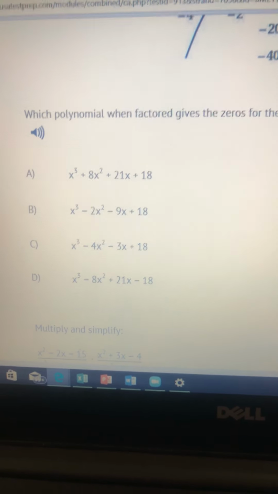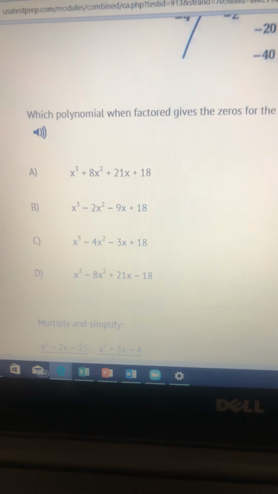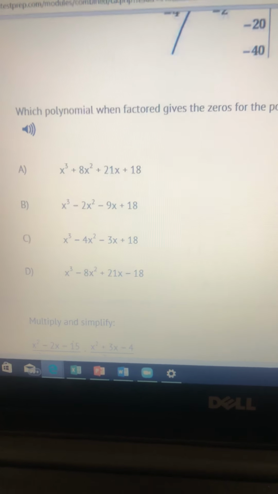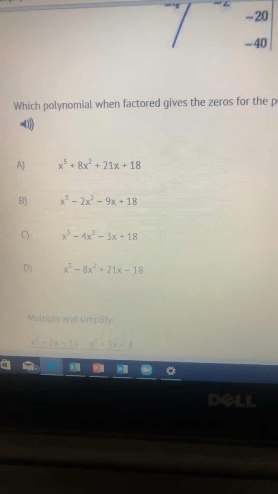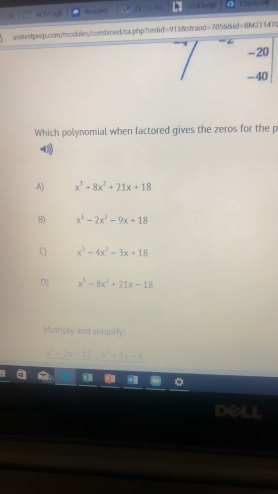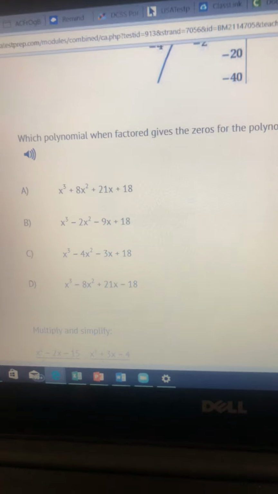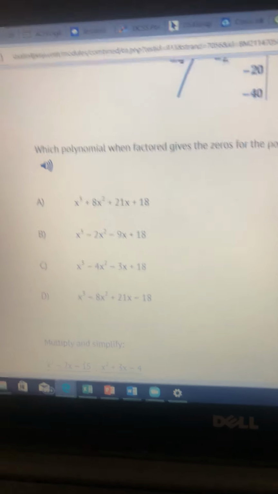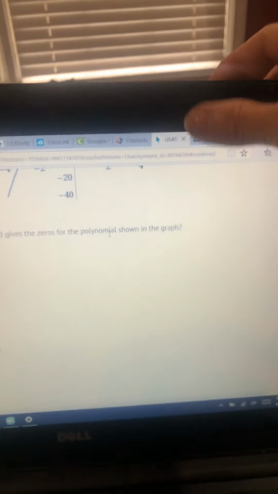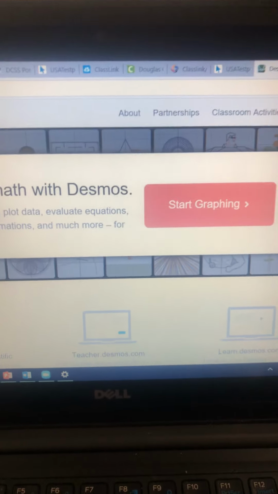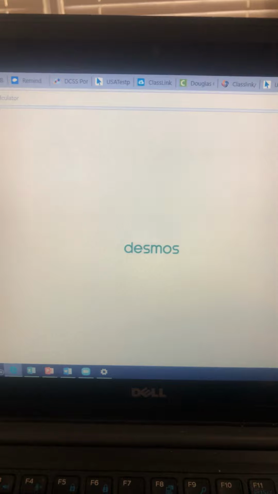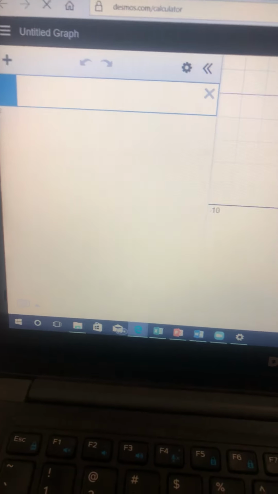X cubed minus 4x squared minus 3x plus 18. And lastly, x cubed minus 8x squared plus 21x minus 18. So now we're going to go back to Desmos. Slow. Okay, and we're going to type it in.